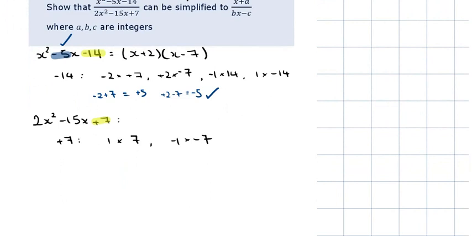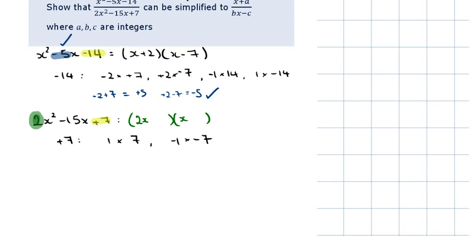So what can we conclude from there? Another thing that we need to consider is the 2x squared term, which hints to you that it's going to be a 2x something and an x something, because otherwise you're not going to get a 2x squared term.